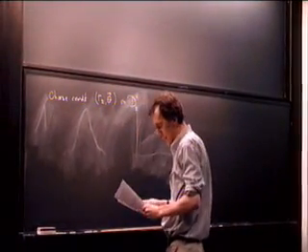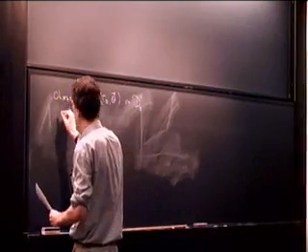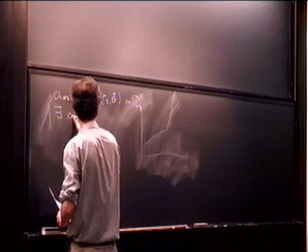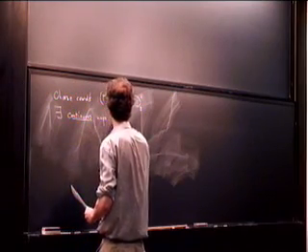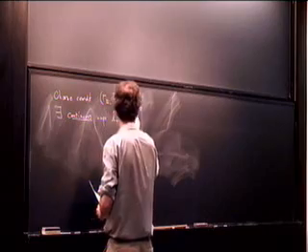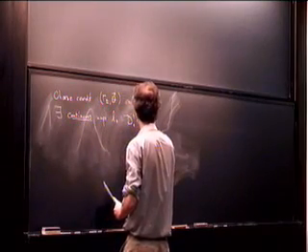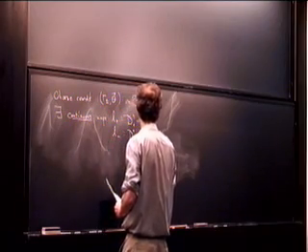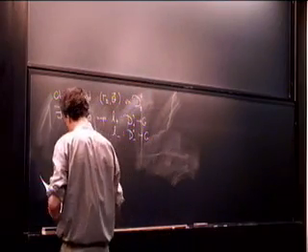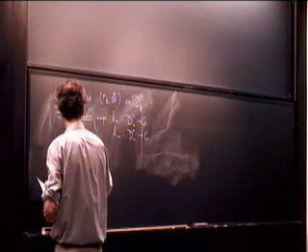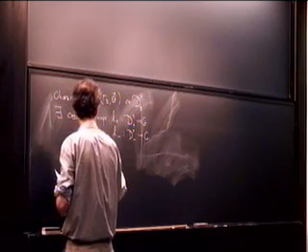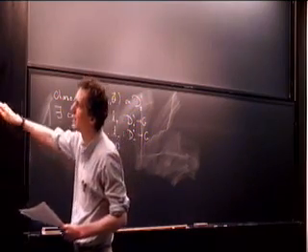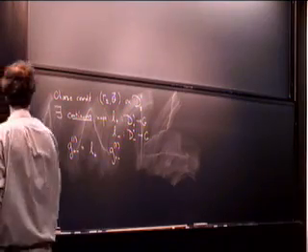Now, since the bundles are equivalent, there exist continuous maps L plus from D plus n into G, and L minus from D minus into G, so that this transition function is related to this transition function by this rule, the change of local trivialization.